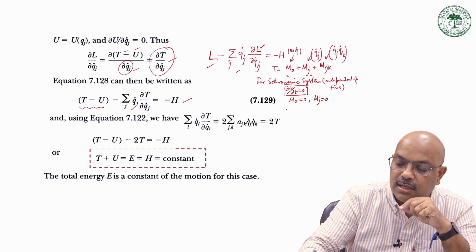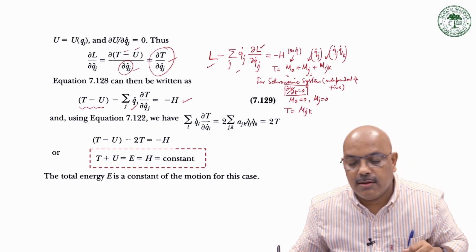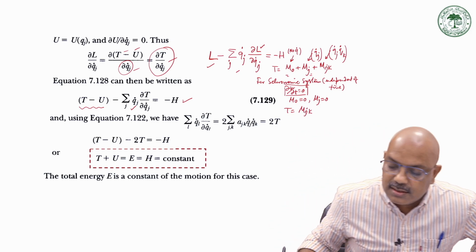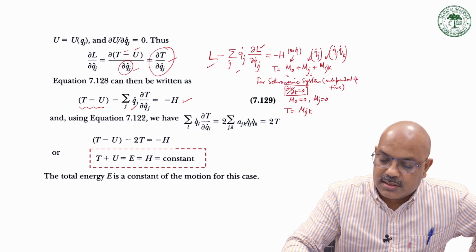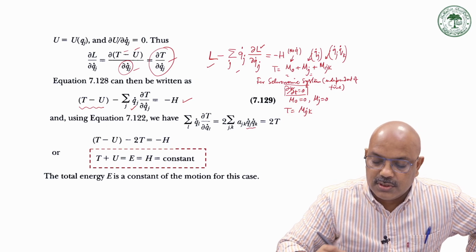So the only kinetic energy term which survives is mjk, with these two terms q̇j and q̇k.